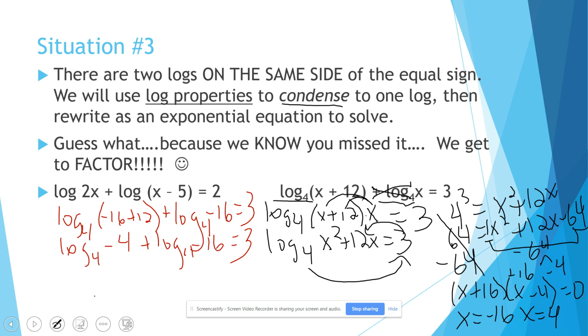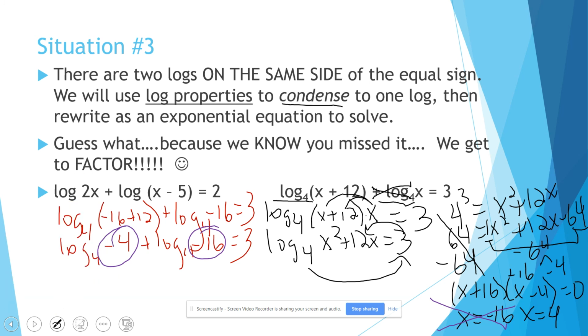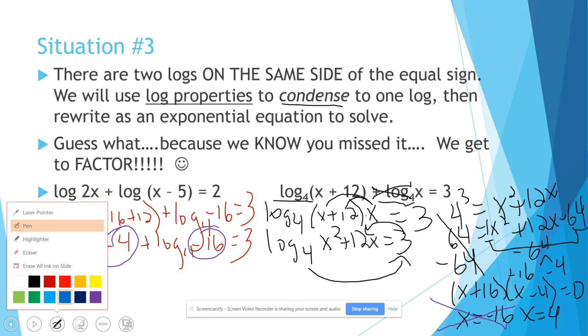So because of these two negatives, negative 16 is extraneous and is not possible. Be careful though. We cannot automatically say that that means the positive 4 will work. Sometimes both of them can be extraneous and we don't have an answer to this problem.